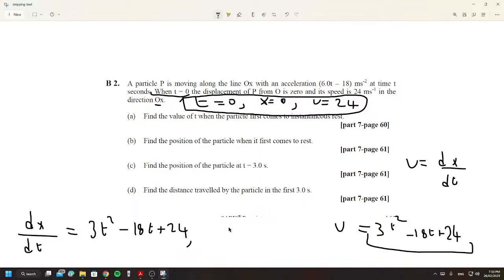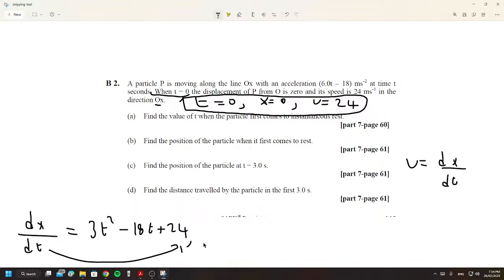So let's just get rid of this for now since we have it written down over here. So dx over dt, we move dt to the other side and we integrate, so x is equal to 3t cubed minus 18t squared over 2 plus 24t plus c.